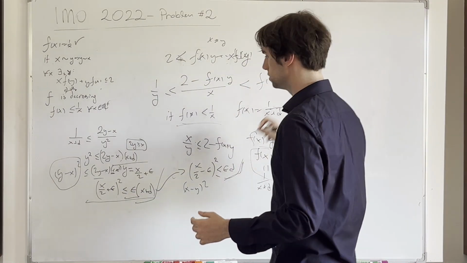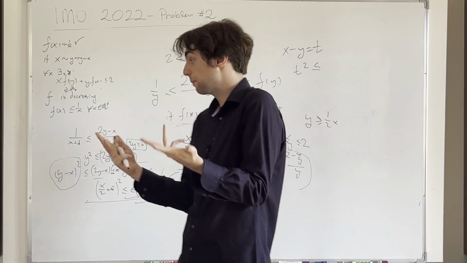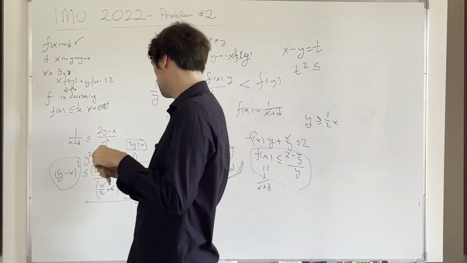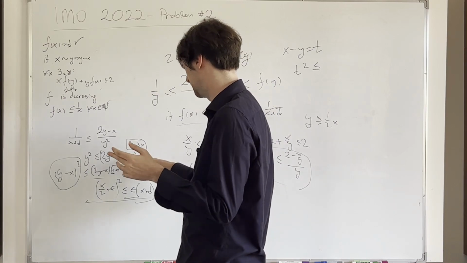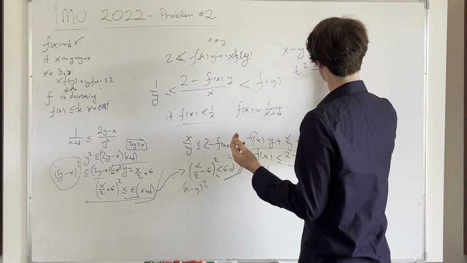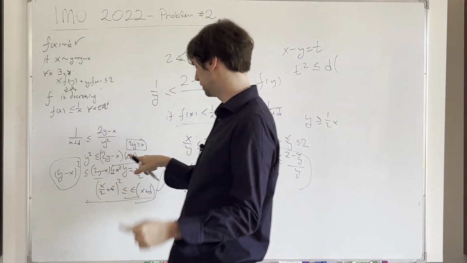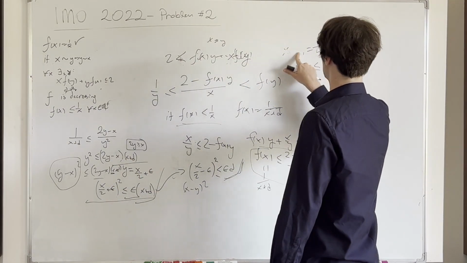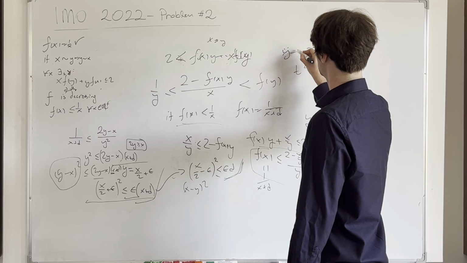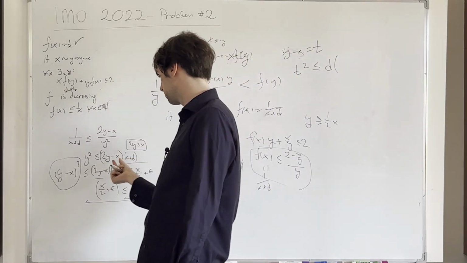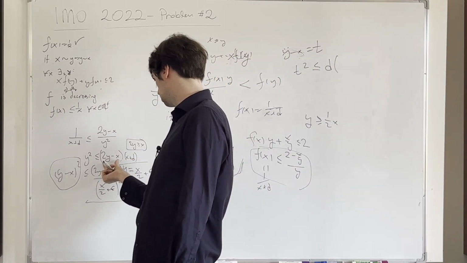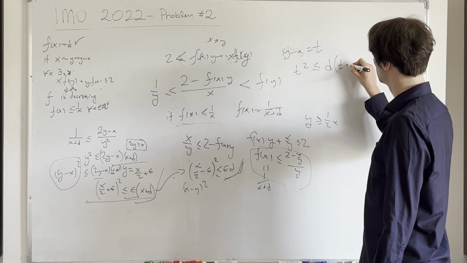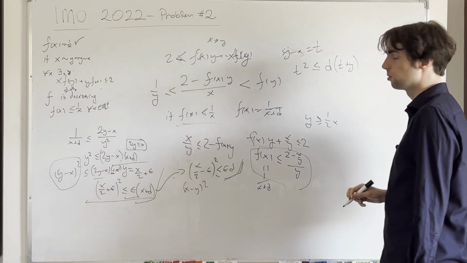T squared needs to be less than or equal to, for me to get my contradiction that I want, x plus d times, what is this? 2y minus x. So let's say y is going to be bigger than x, 2y minus x. So 2y minus x, so this is d times t plus y.